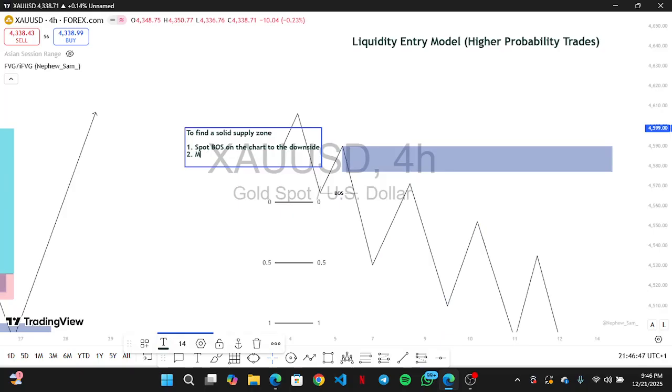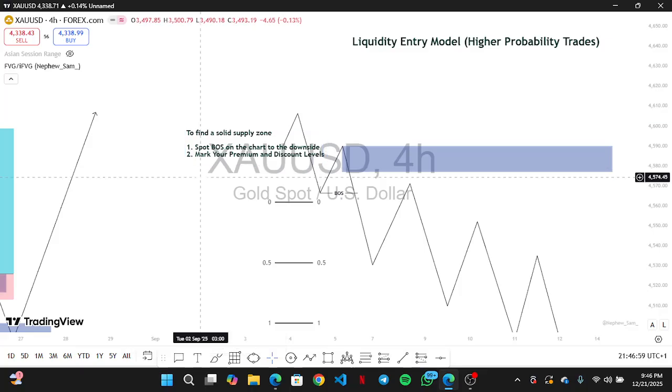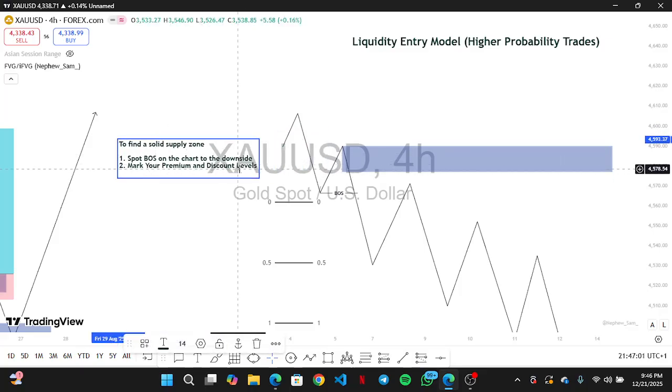Mark your premium and discount levels using your Fibonacci tool, to find a valid supply zone here.